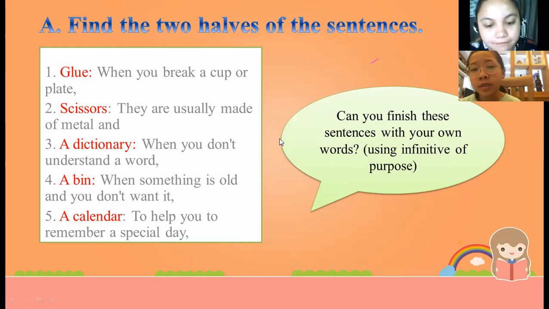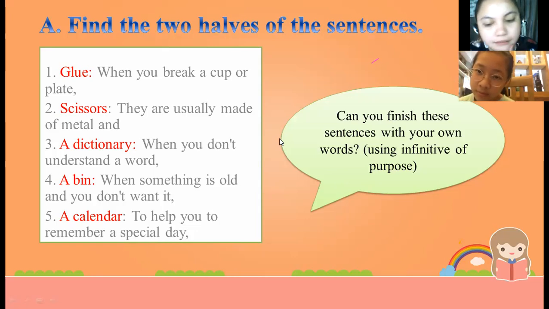When something is old and you don't want it, you can put that in the bin. Again, when something is old and you don't want it, you can put that in the bin.